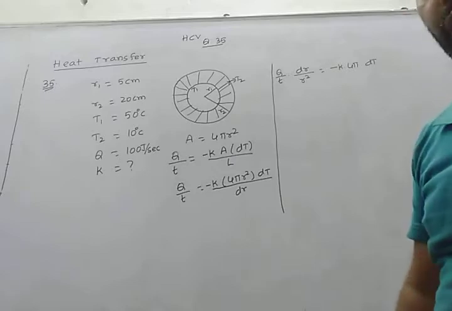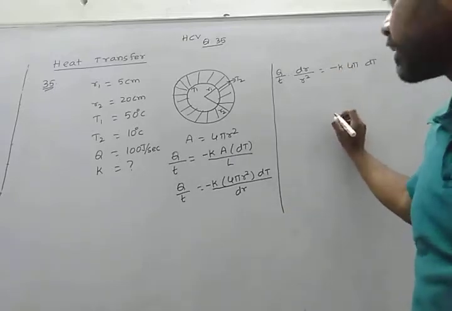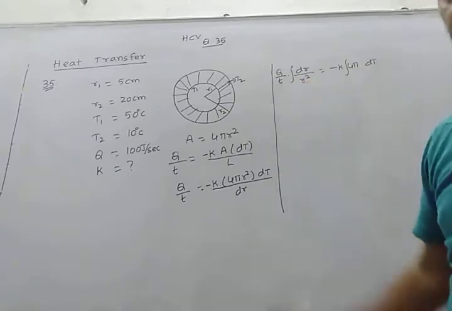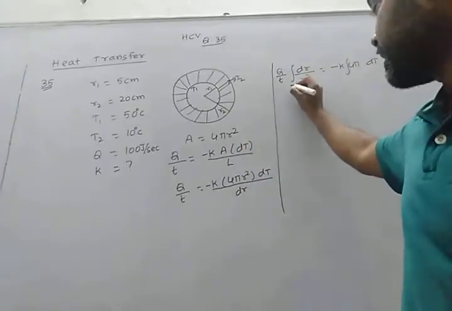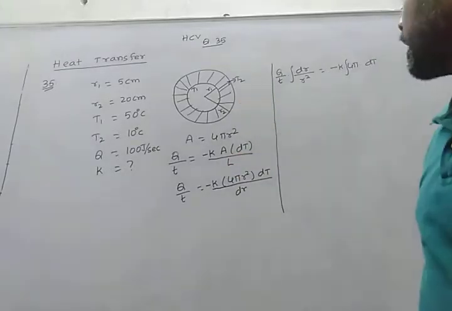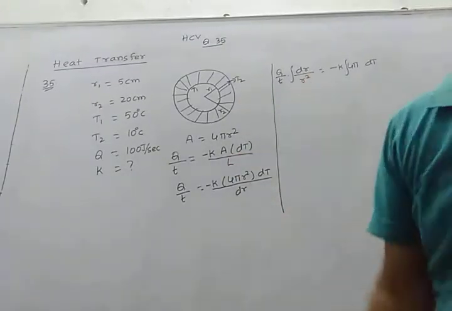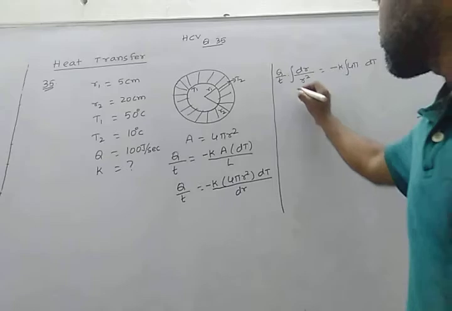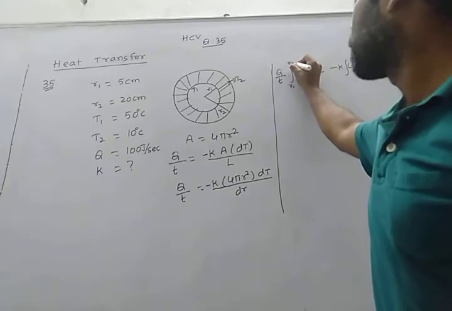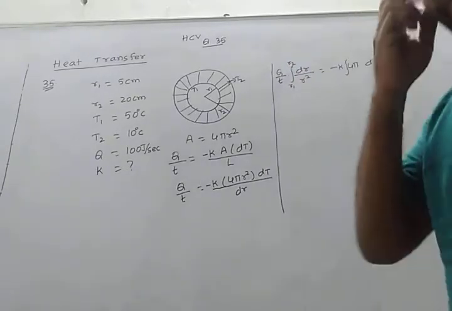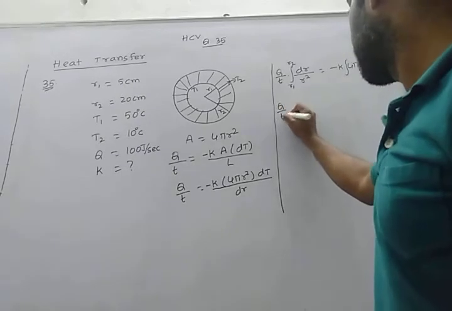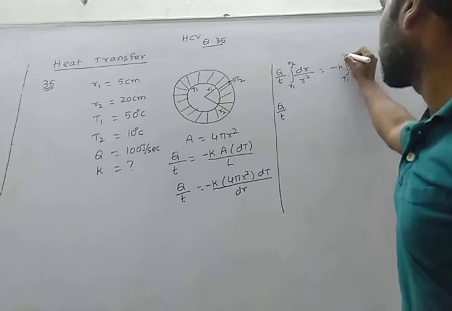In order to find the value of thermal conductivity, I am integrating it between the values. Here I am integrating from the inner radius to the outer radius, that is R1 to R2, and for temperature, T1 to T2.